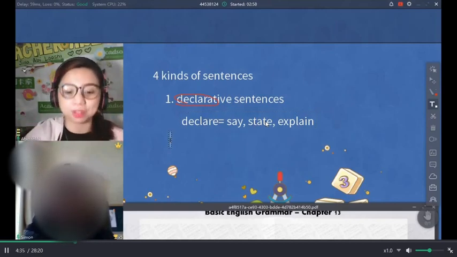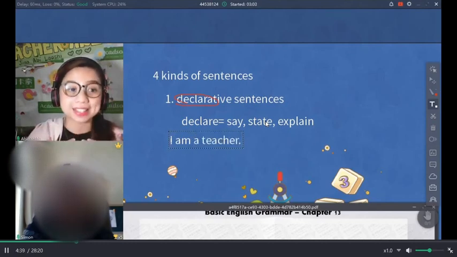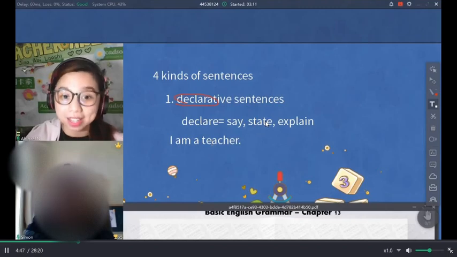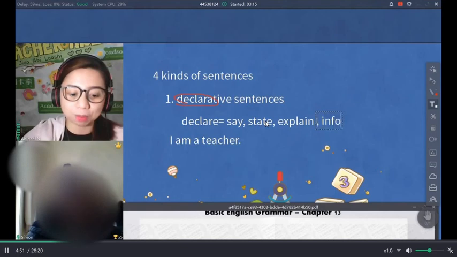For example, I will say, I am a teacher. This is a declarative sentence. When you say declarative sentence, it states, it explains, or it informs.